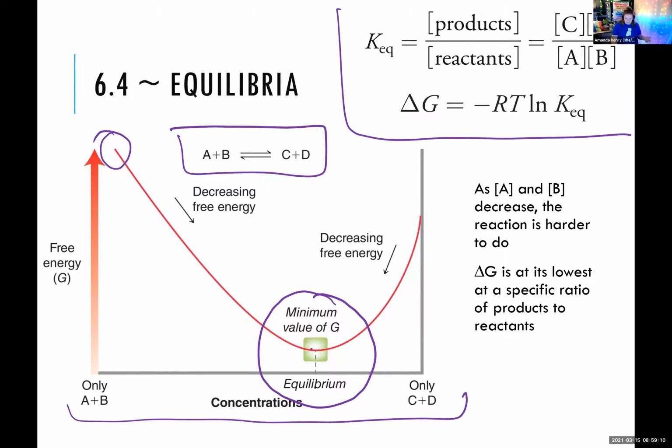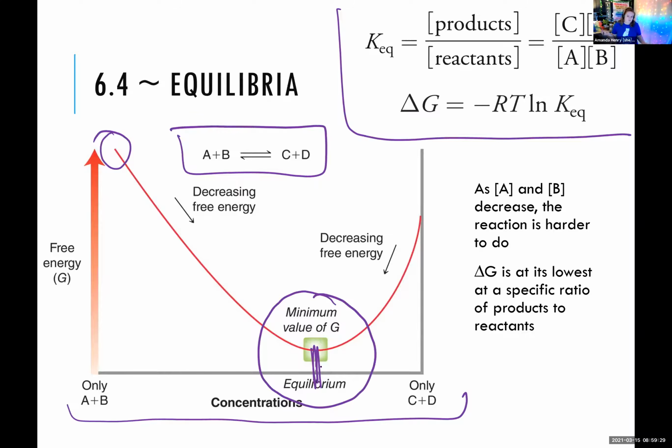Eventually, we reach equilibrium. And we know that equilibrium doesn't mean equal. Equilibrium means that the concentrations have stopped changing. And so wherever we reach the bottom of that curve, that's where we've reached equilibrium.